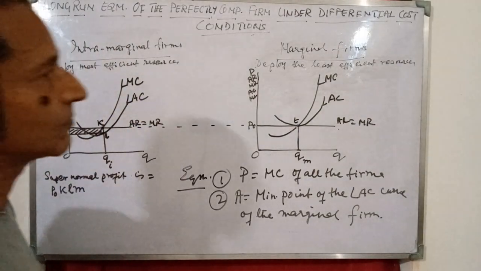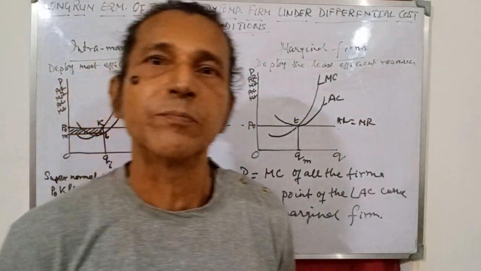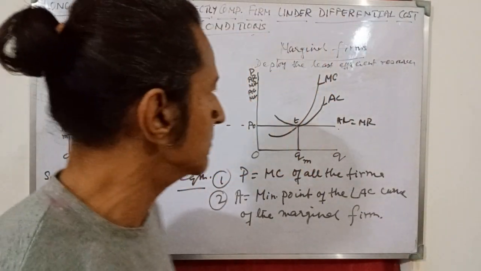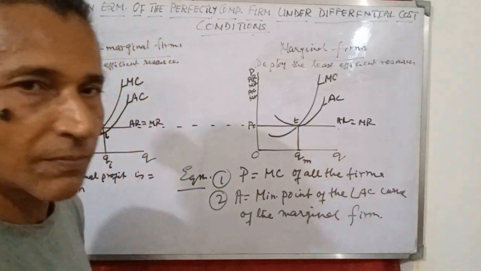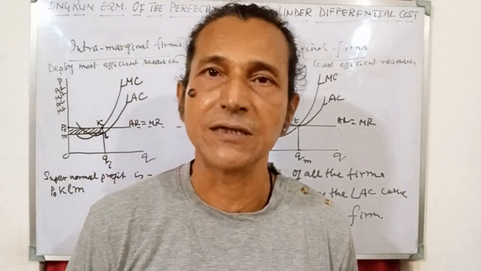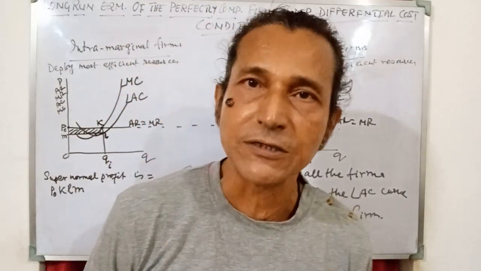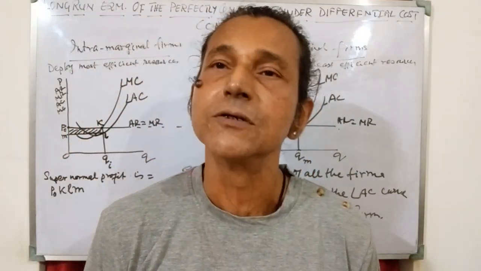Now, what will happen if the price is more than the minimum average cost of the marginal firm? If this happens, that means the firm is earning supernormal profit.